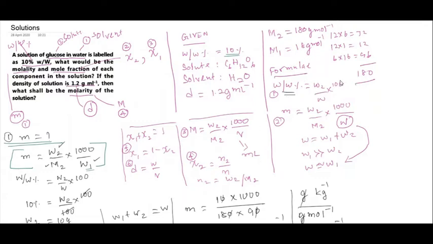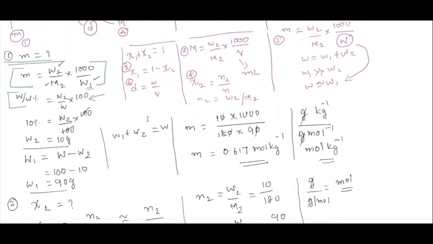So W percentage is given, and we have to combine these two formulas. W by W percent is equal to W2 by W into 100. In that case, W2 is how much? It is given as a 10% solution.